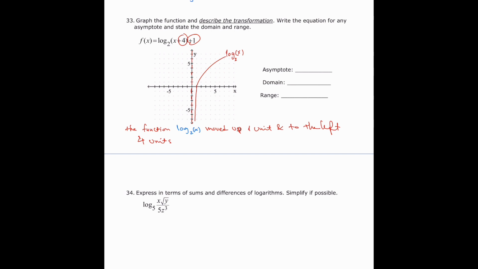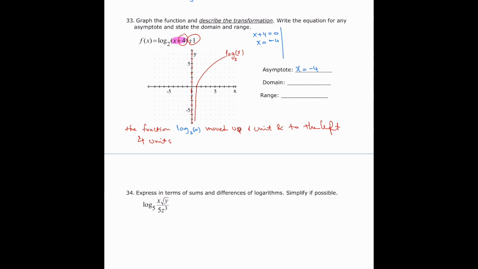Since this function moved to the left 4 units, we're going to take the argument and make it equal to 0 to find the asymptote. So we're going to say x plus 4 equals 0, and we get x equals -4. So x equals -4 is our vertical asymptote.